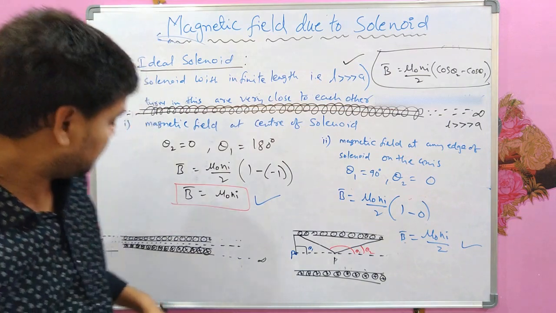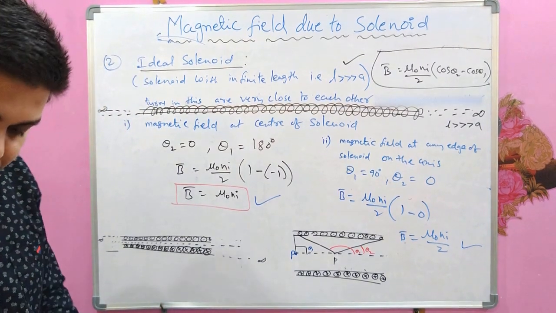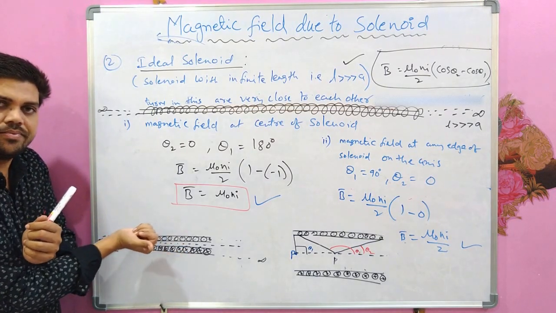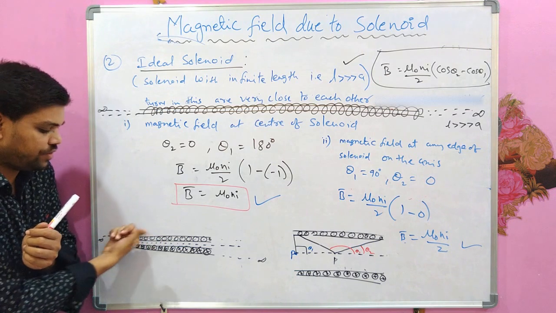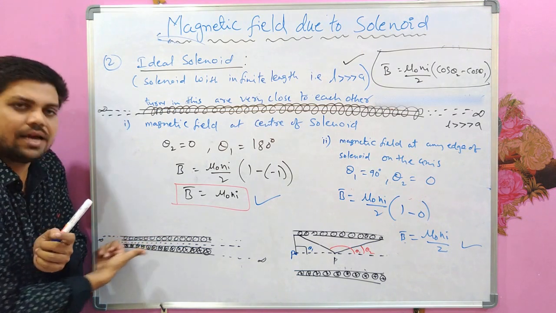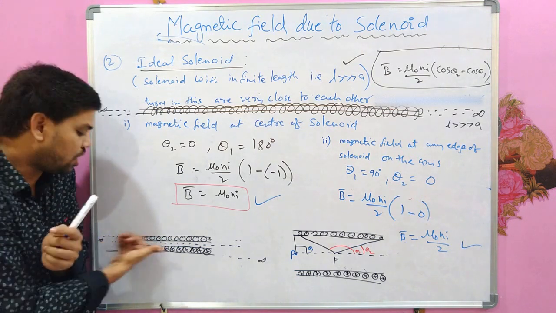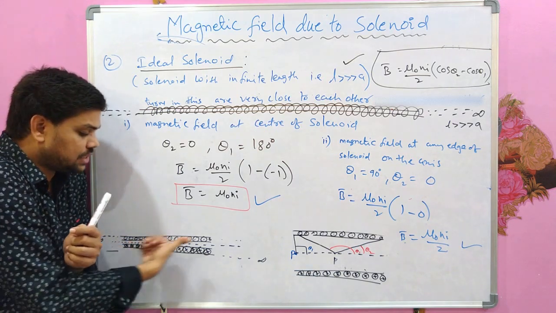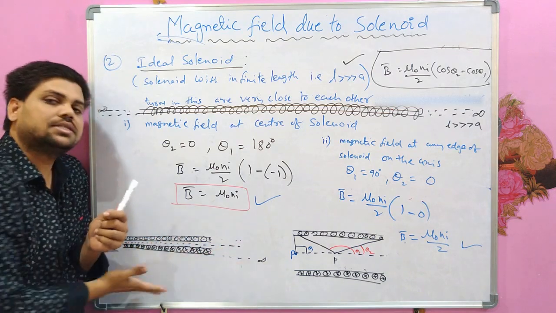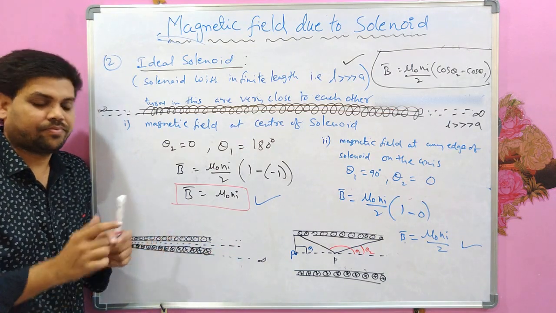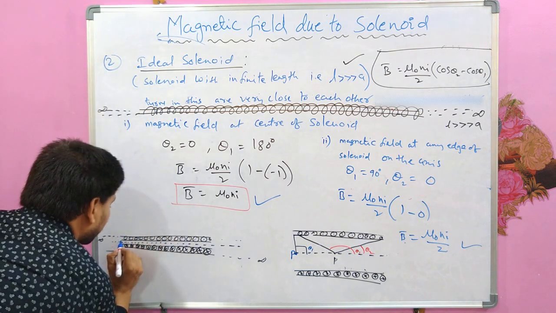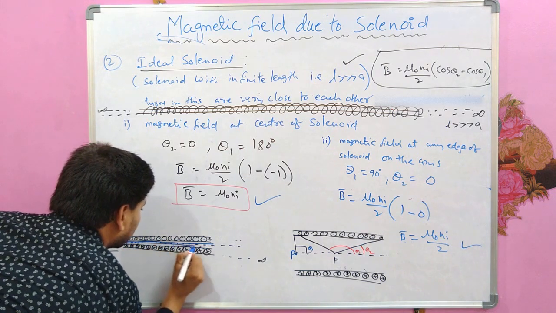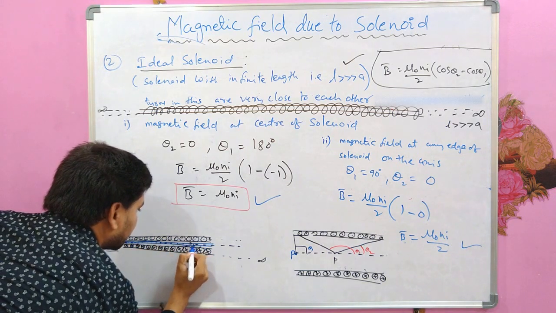So in this case, the magnetic field lines will be like, because the turns are very, very close to each other, the magnetic field in the interior of the solenoid is always straight, and that too in the direction of the axis of the solenoid. The magnetic field lines will be very, very straight like this.